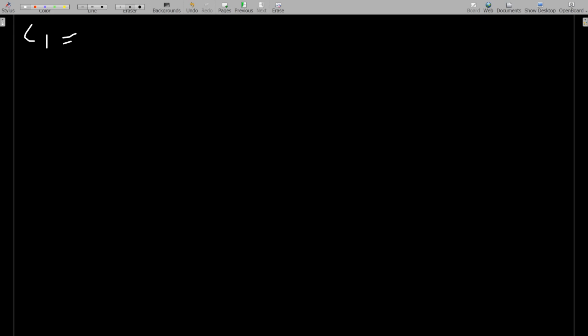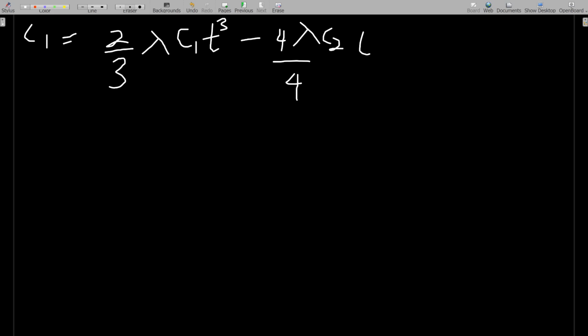I have 2 over 3 lambda c1 t cubed, I'm integrating straight so you can follow up. Then minus 4 lambda c2 over 4 t to the power 4, then evaluating all of these from 0 to 1.